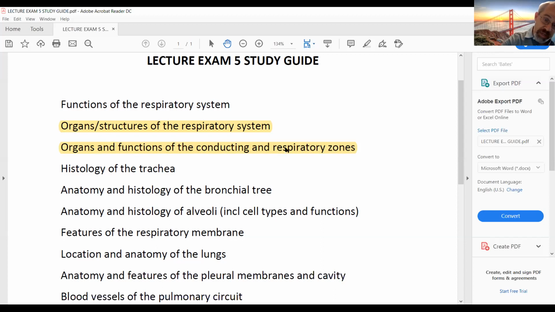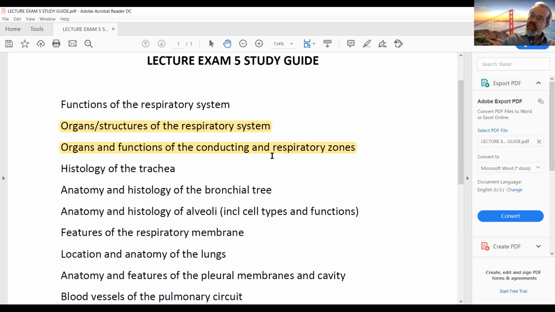All right, so if you're taking a look, starting with the trachea, we need to know all the organs and functions of the conducting zone and the respiratory zone. So remember, the conducting zone starts from the beginning, it goes all the way through the trachea, bronchi, bronchioles, at least through the terminal bronchioles. That's the conducting zone. And then the respiratory bronchioles and the alveoli are part of the respiratory zone. And you should know the structure function correlation.